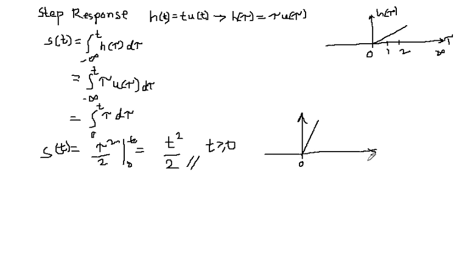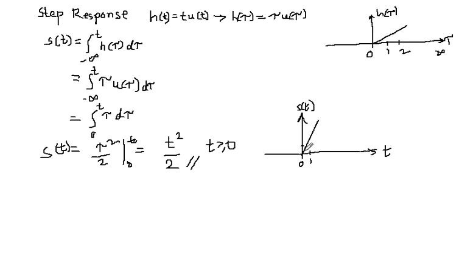From 0 onwards it is existing, and let's take this as our s of t. When t is 1, the value taken by s of t is 1 by 2, because 1 square is 1, so 1 by 2.